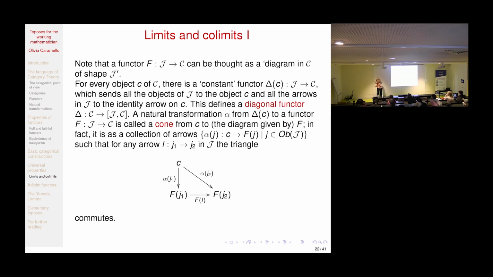So, of course, this construction of delta of C makes sense for any C, and so it defines actually a functor, which is called the diagonal functor, which goes from C to JC.